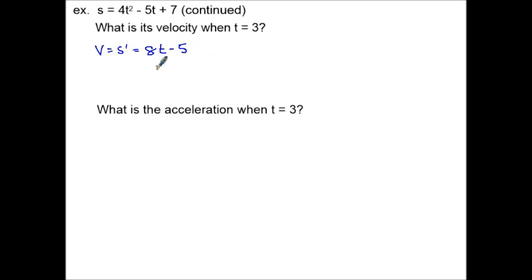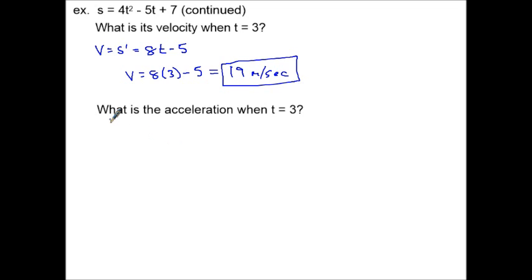Then I just plug my 3 in, so my velocity equals 8 times 3 minus 5, and that's 24 minus 5, which is 19. And because I'm talking about velocity, I'm talking about meters per second.